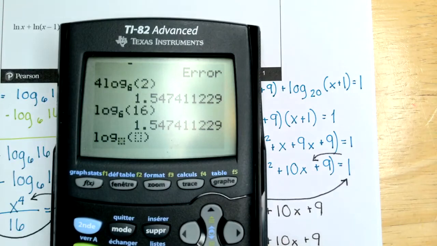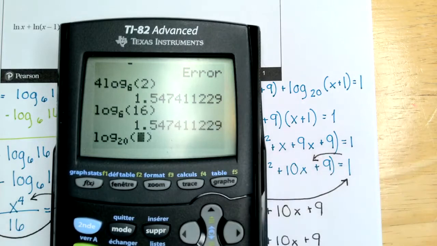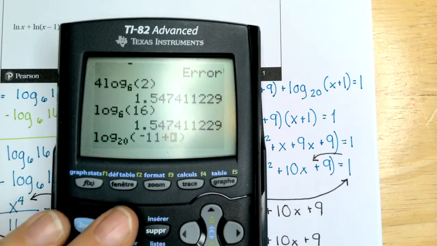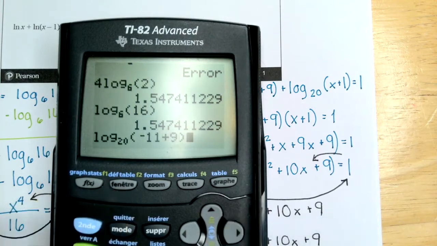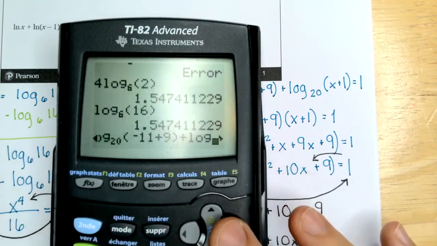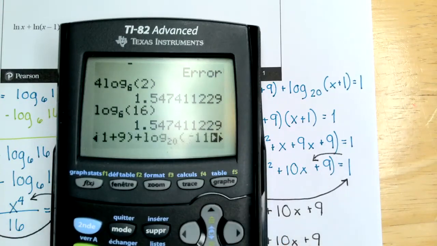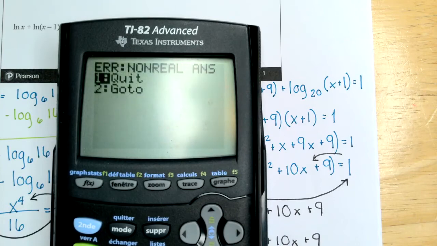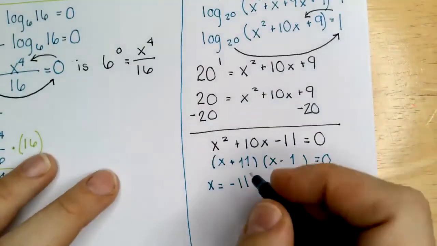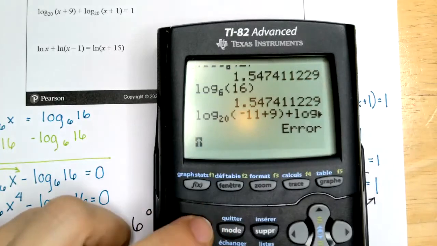Log base 20 of negative 11 plus 9, plus log base 20 of negative 11 plus 1 is a non-real answer. So we're going to say that is not possible. And we're going to go back and do it with 1.